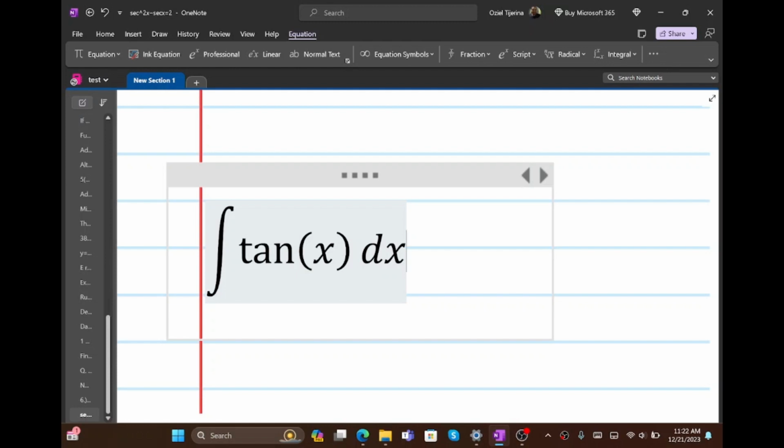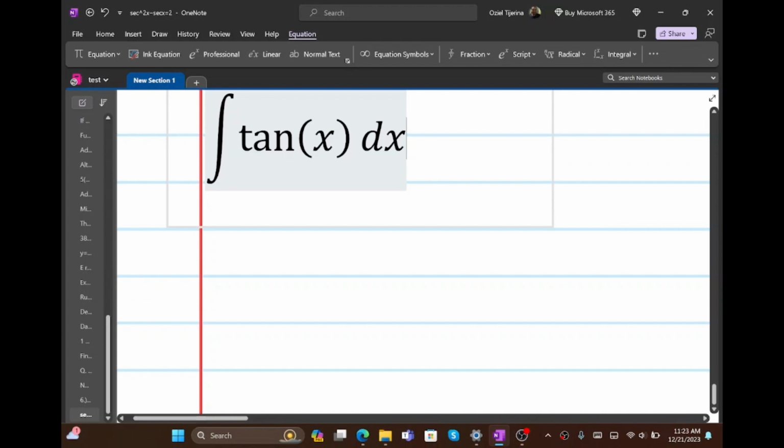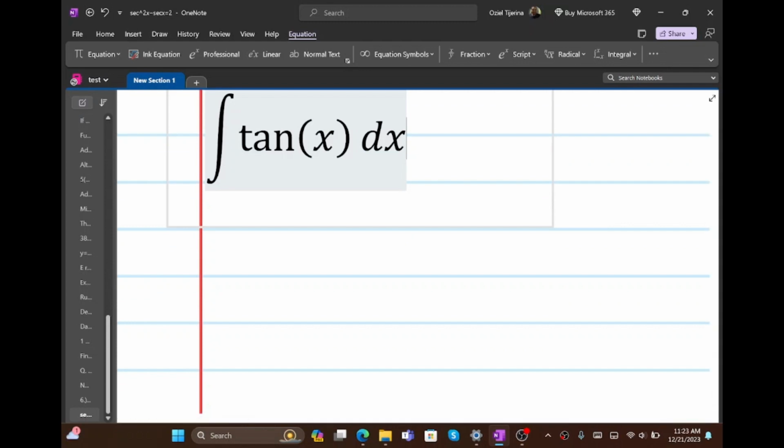Usually they would give it to you in calculus to save time with certain integrals that involve finding the integral of tan x. However, I wanted to show y'all how to find the integral of this. There are two ways to write it, and I'm going to show y'all both answers, but either one is fine.